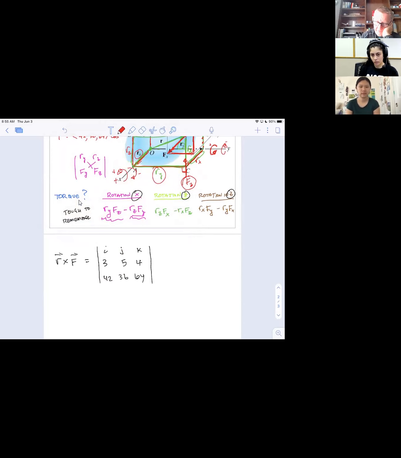All you have to do to get your I value, your X value, is cross out this, and then that leaves your little 2x2 determinant over there where you go 5 times 64 minus 4 times 36.